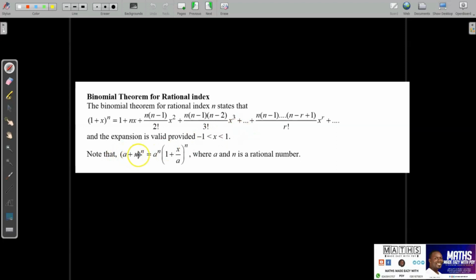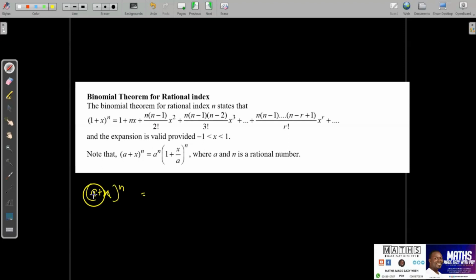So you see I've written something here. Note that if I have a plus x to the power n, you can write the expansion as this before you can use the theorem. If you don't understand how this came about, this is what it means. Watch, you need to understand and use it wisely. If I have a plus x all to the power n, mathematically it means we can factorize the inner terms.